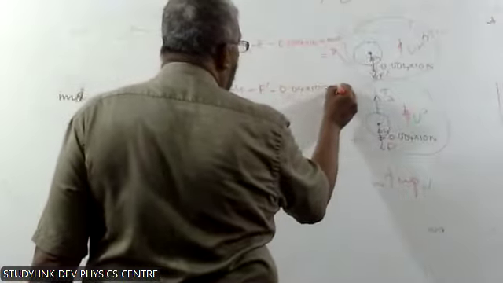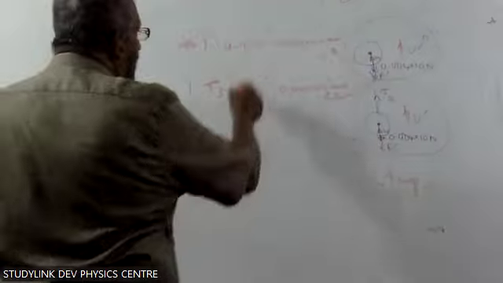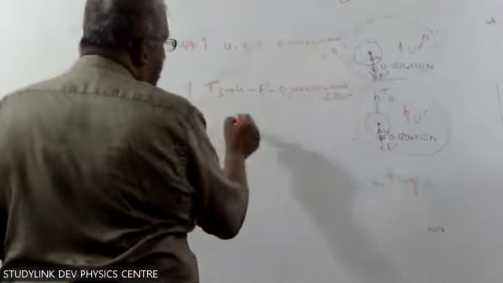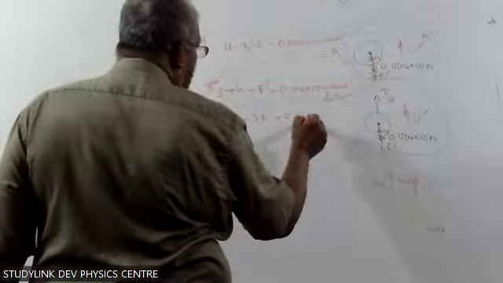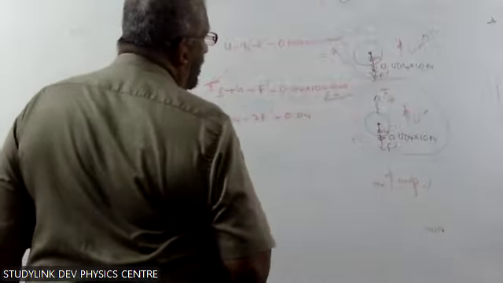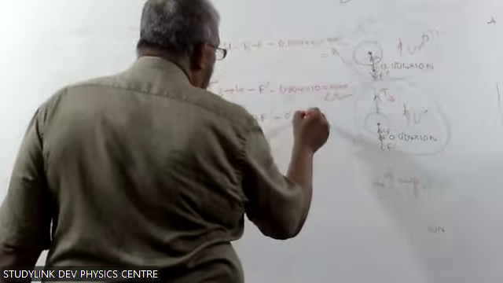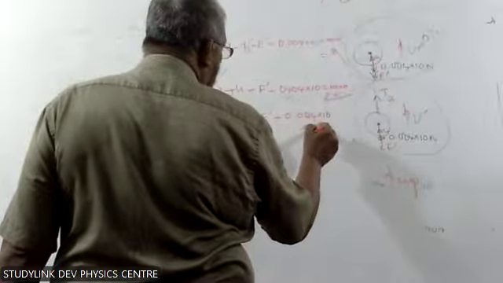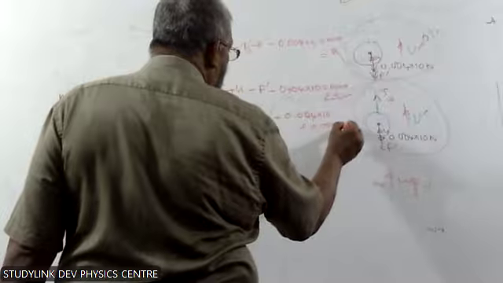F equals ma, 0. Now when you add these two, you can consider fourth equation, fifth equation and add them together. Then T3 cancels off. After that, you get 2U minus 2F dash plus 0.04 into 10 plus 0.04 into 10 is equal to 0.